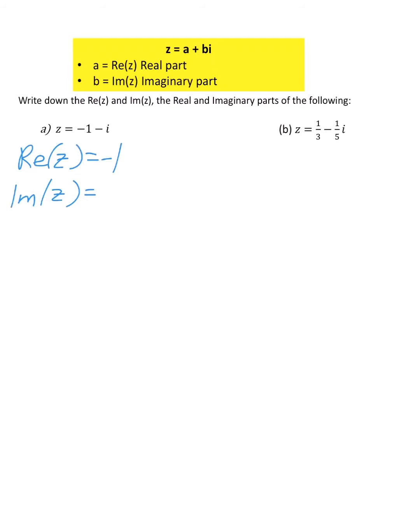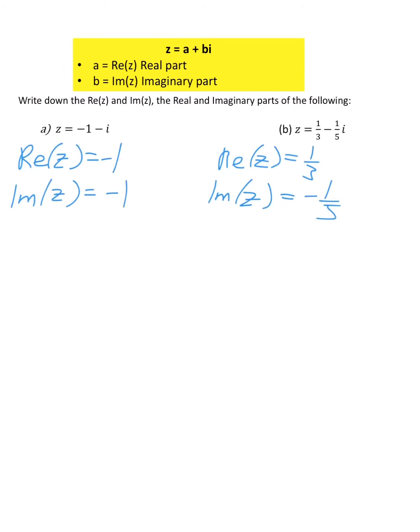So the same applies here, it's going to be minus 1 as well. Next one then, z is equal to a third minus a fifth of i. So the real part of z is equal to a third, and then the imaginary part of z is equal to minus a fifth.